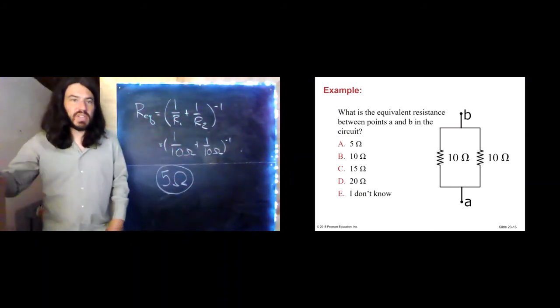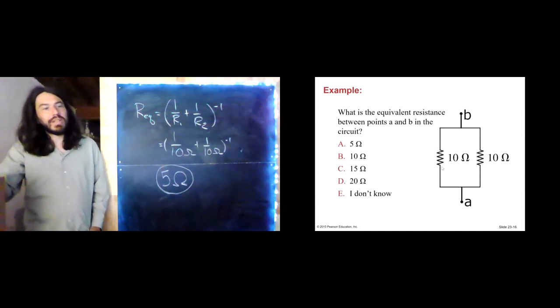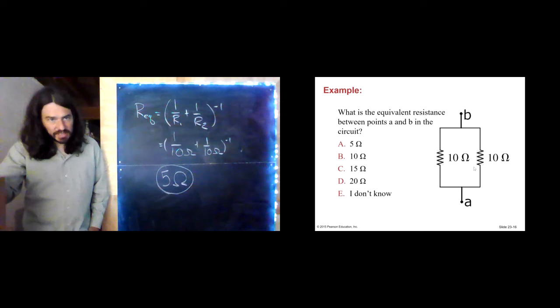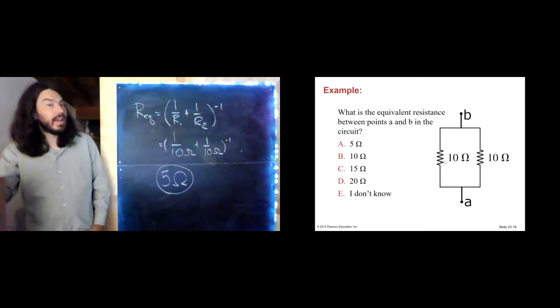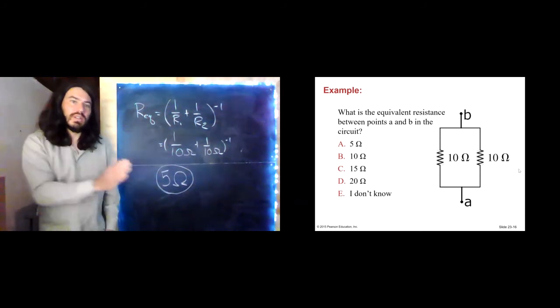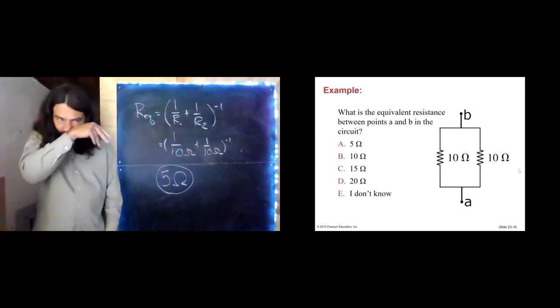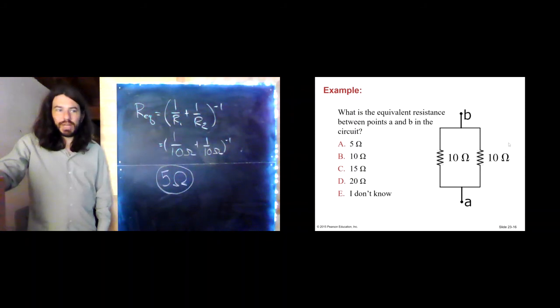So this is often a little bit of a surprising result for students. Also, notice that the equivalent resistance of two parallel resistors is smaller than either of the individual resistances. And again, if we're just talking about two identical resistors, the equivalent resistance is always half of the individual resistances.